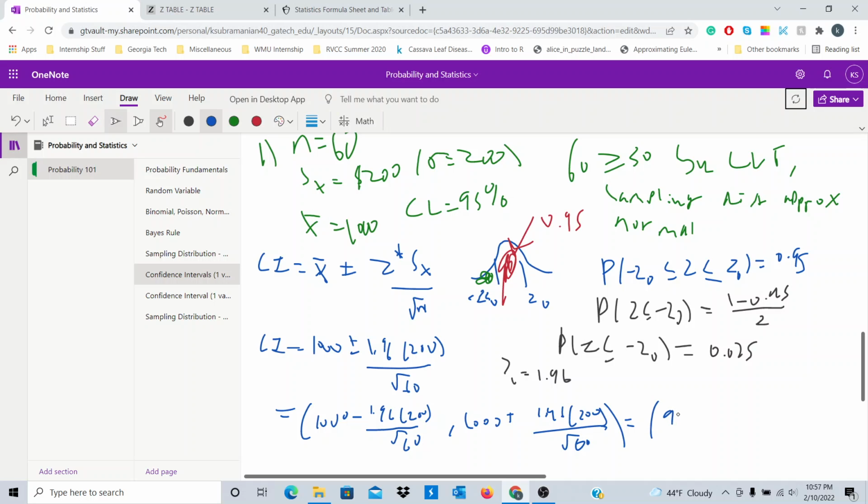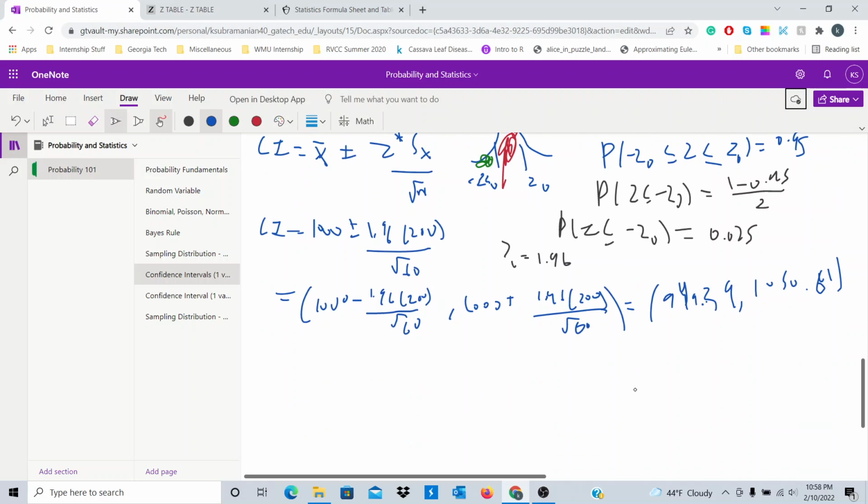So our interval will be 949.39, comma, 1050.61. So from this interval, what this means is that 95% of the samples we get will capture the population mean rent between 949.39 and 1050.61, right?